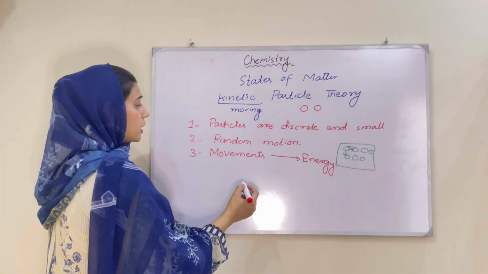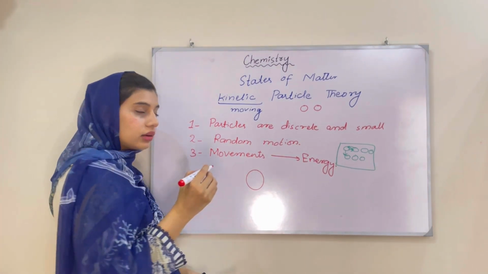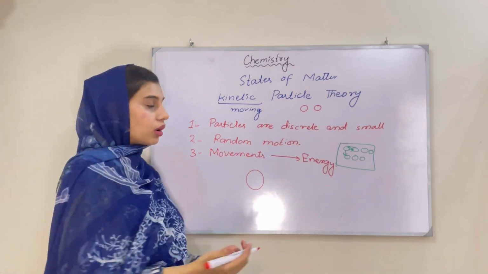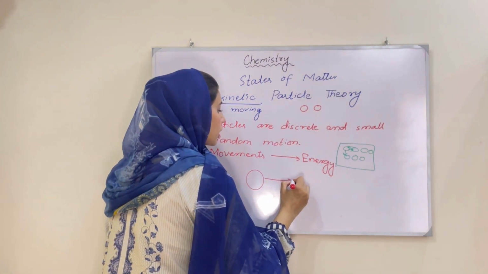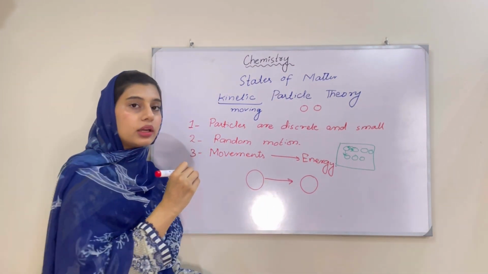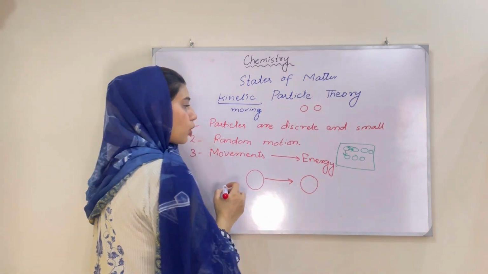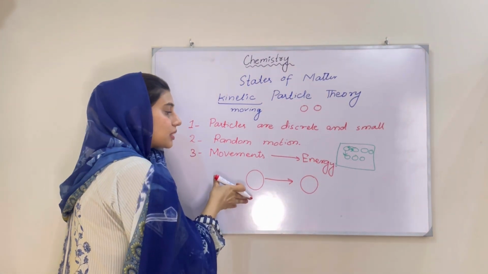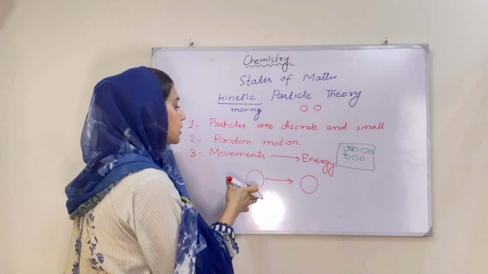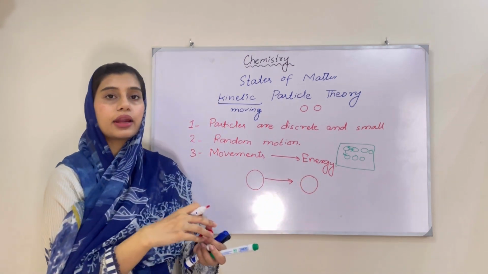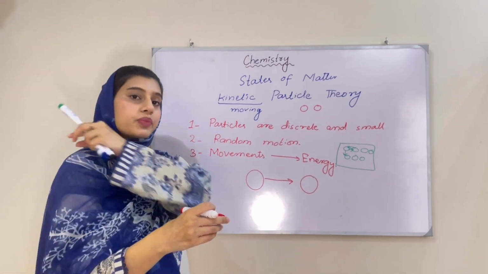Another example is a ball, a football or cricket ball. When this ball is moving and hits another ball, it will displace that ball. That means there was some energy in this ball and this energy is transmitted into the other ball.